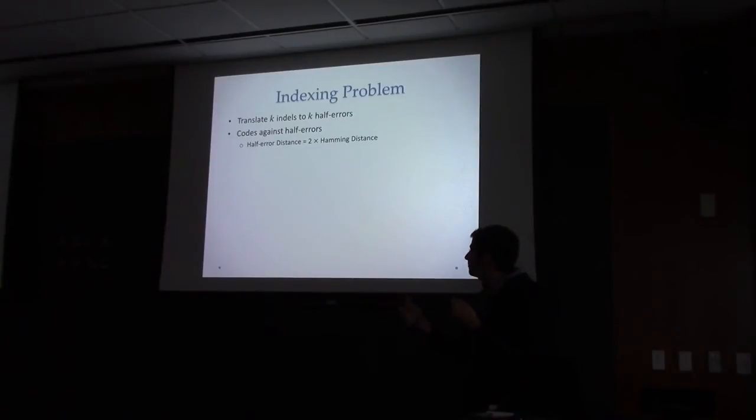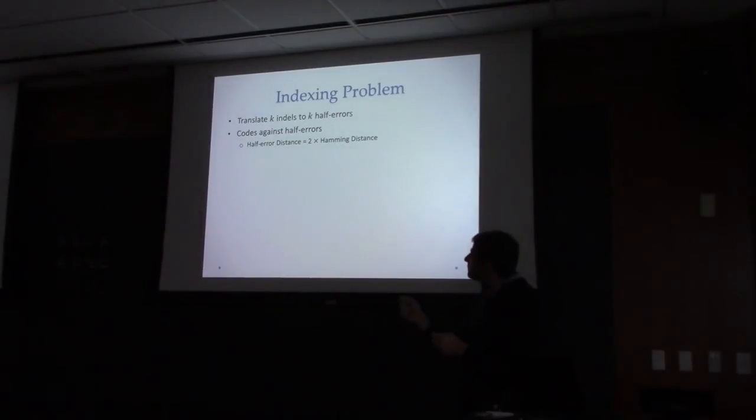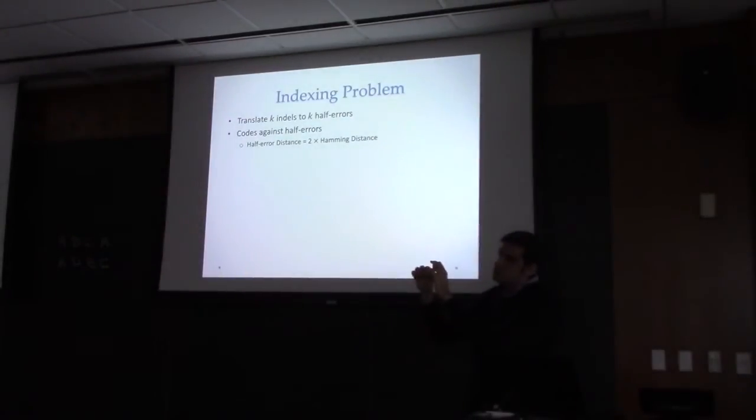Sorry, what was your definition for half error? Half error is so if the adversary has k half errors, you can spend each of them to turn one position into a question mark, or a position which has already been turned into a question mark to another symbol.